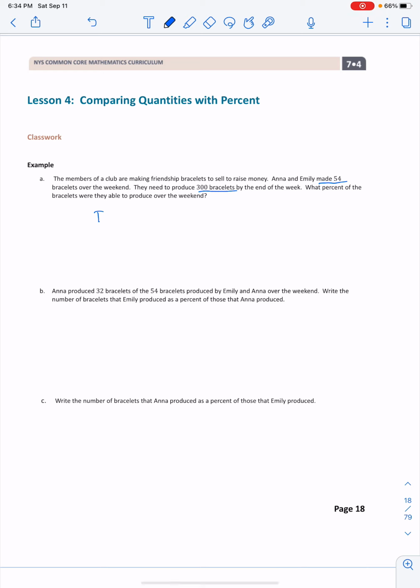Well, using our percent formula, we have part equals percent times whole. So we have they made 54, that's our part. We need to know what percent that is out of the 300 that they need to produce. So we have P equals percent times whole.